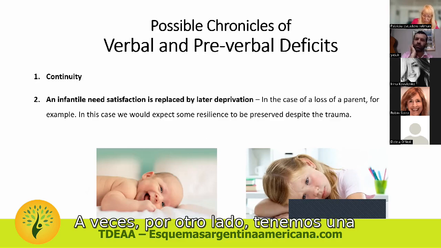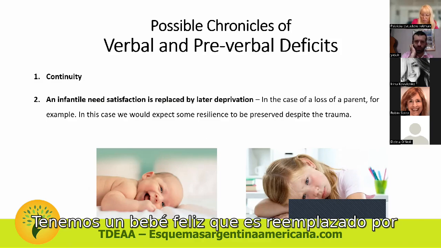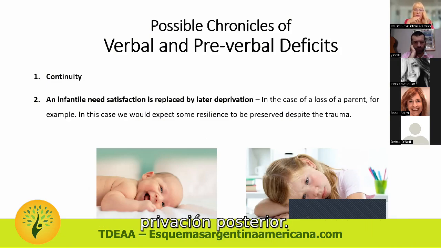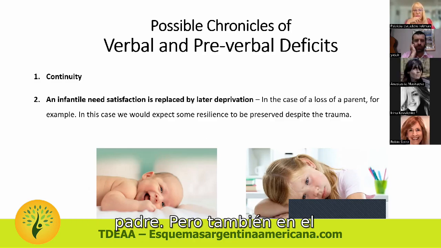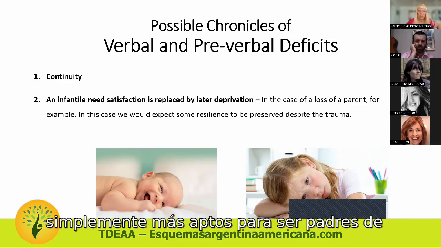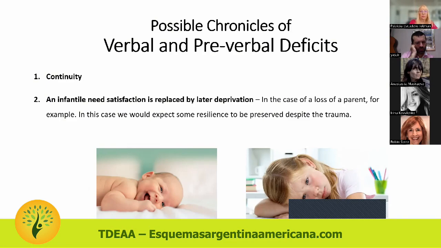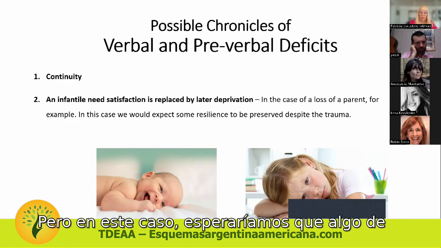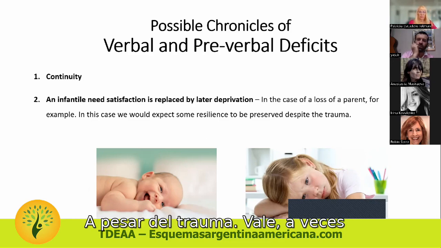Sometimes, on the other hand, we have an infantile need satisfaction. We have a happy baby that is replaced by later deprivation. For example, in the case of a loss of a parent, but also in the milder case, some parents are just better fitted to be parents for babies and not for older children. But in this case, we would expect some resilience to be preserved despite the trauma.